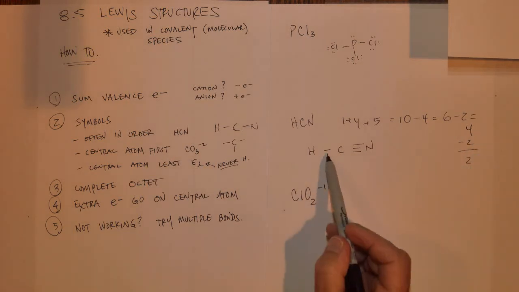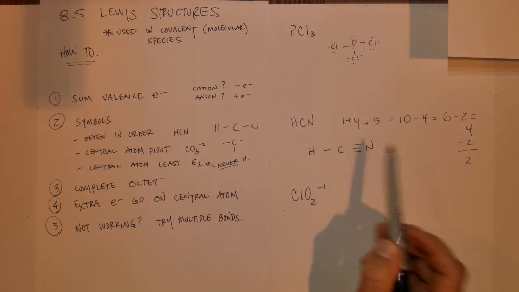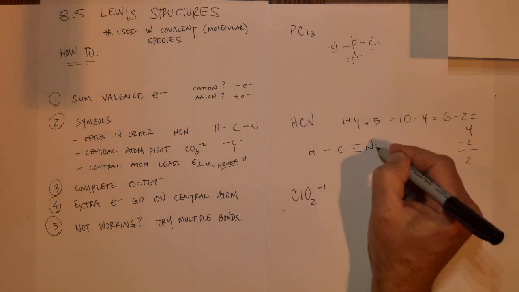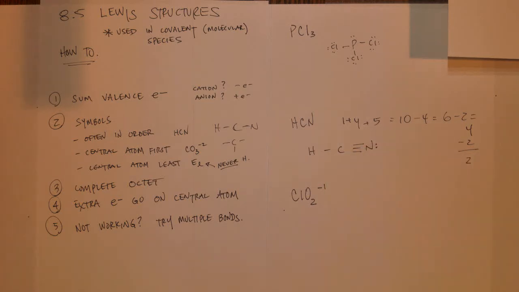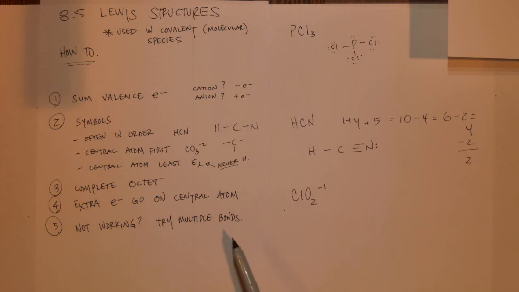So let's see, I have 2 around hydrogen, 2, 4, 6, 8 around carbon, 2, 4, 6. I have 2 electrons left. Let's put them right here. That completes the octet on nitrogen, and bingo, bango, bongo, I now have a Lewis electron dot structure that obeys all the rules, where I've got an octet, and I've got a duet right there in hydrogen, and I followed all my rules right here.